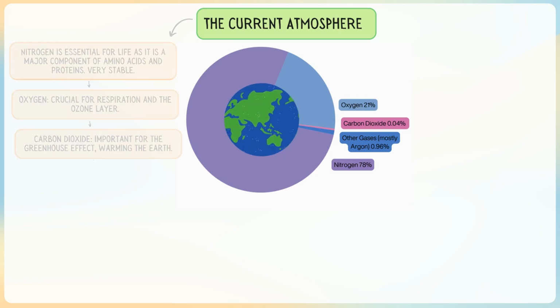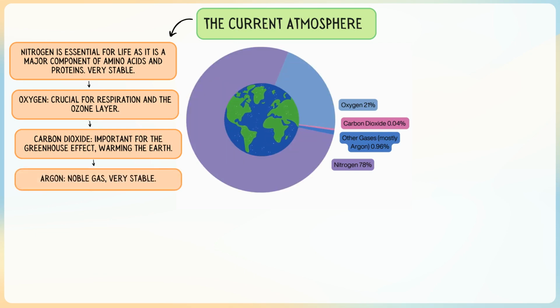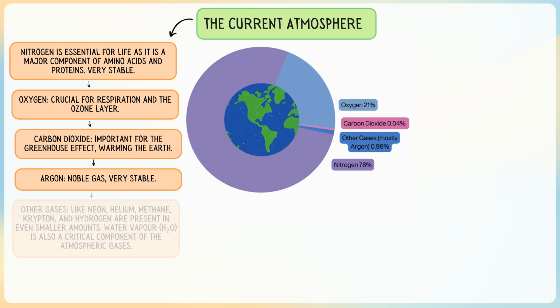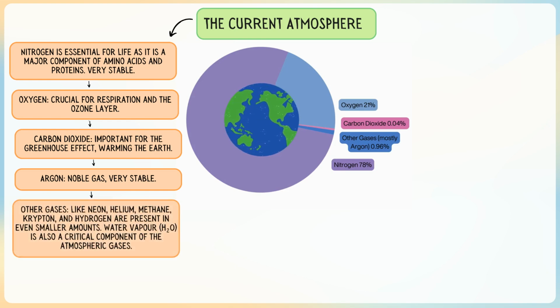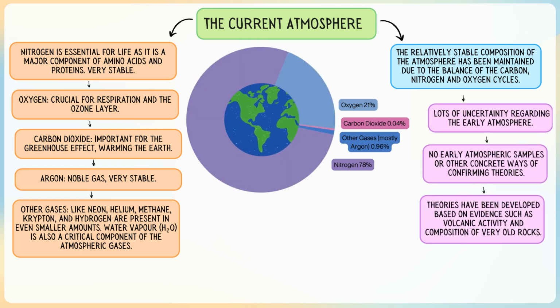We discussed the essential roles these gases play and highlighted the stable nature of noble gases like argon, as well as the role of trace gases. Furthermore, we explored the natural cycles that maintain the atmospheric balance. Finally, we briefly discussed why there is a lot of uncertainty regarding the Earth's early atmosphere.